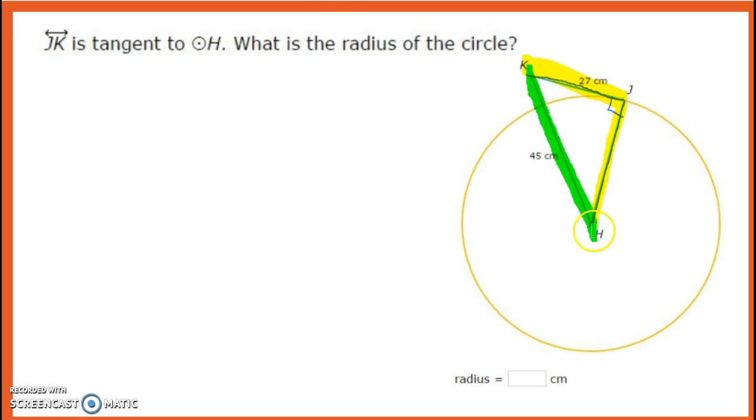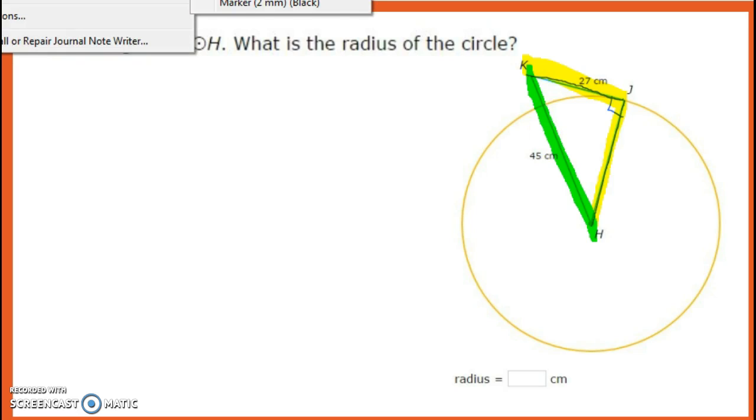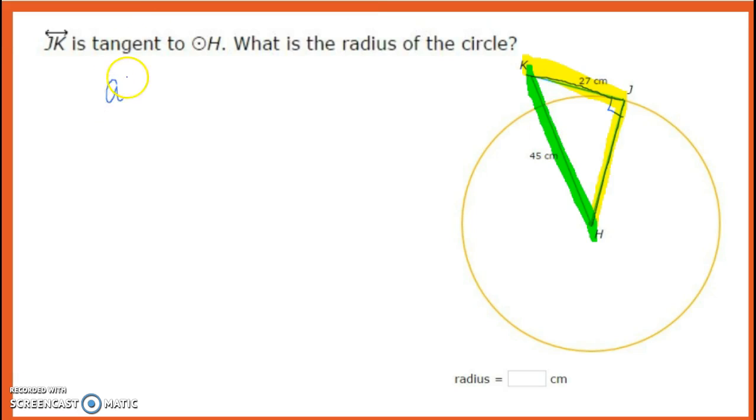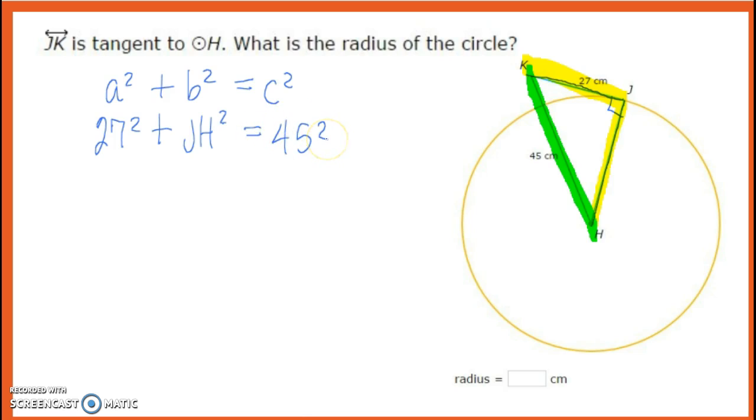So we are looking for J to H. So again, we can use our Pythagorean theorem. A squared plus B squared is equal to C squared. A and B are the yellow legs. So A we can say is KJ, so 27 squared, plus JH, which is our radius, squared, has to equal our hypotenuse squared of 45 squared.